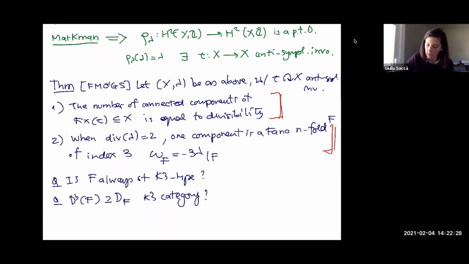The remark here is that in divisibility 2 and dimension 4, or n equals 4, this recovers example 1.